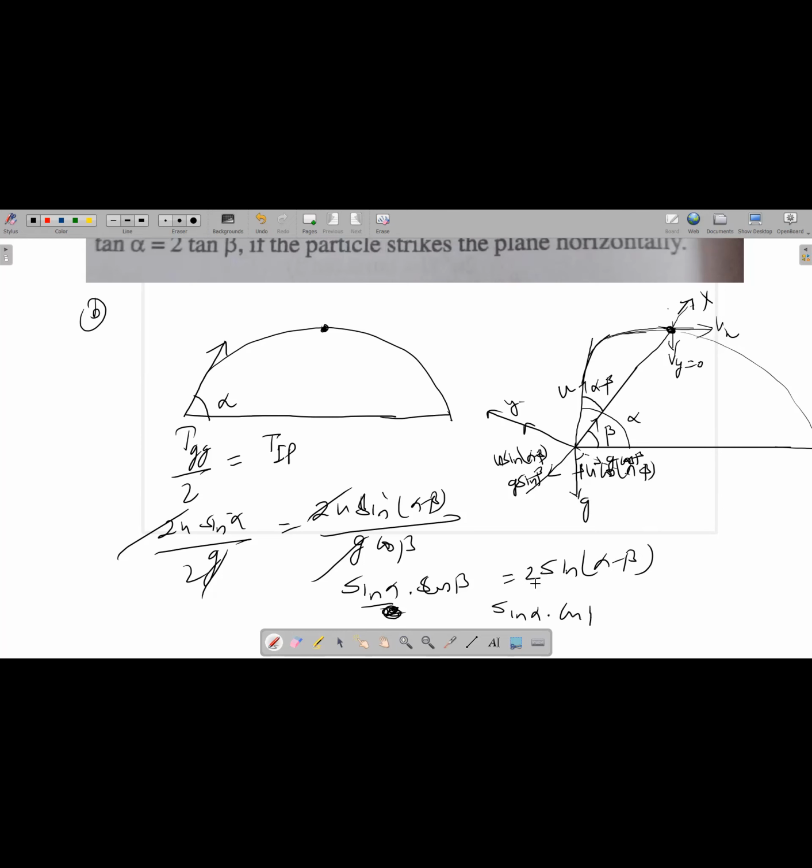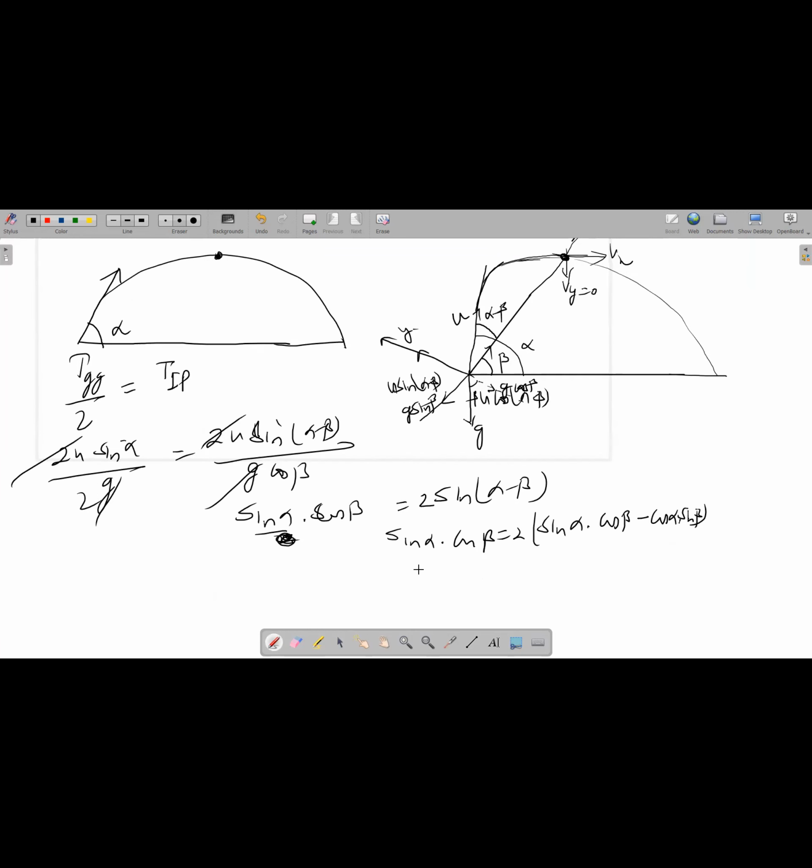Now sine alpha into cos beta equal to 2 into sine(A minus B). So sine A cos B minus cos A sine B. Just divide this. This is sine alpha cos beta upon sine alpha cos beta, this is 1 only, minus cos alpha by sine alpha, this is cot alpha, sine beta by cos beta, that is tan beta.